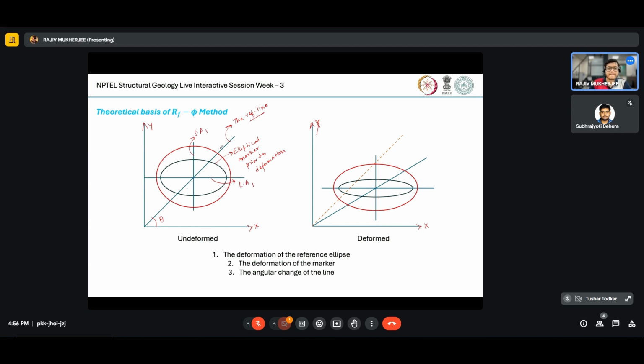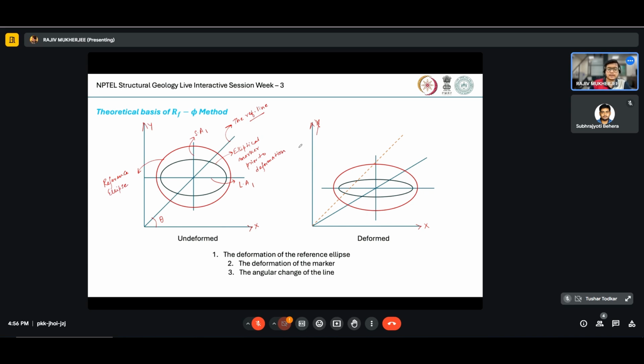Now this red color ellipse, this is the reference ellipse around the strain marker that provides an initial condition.